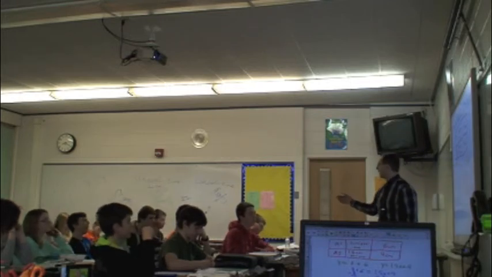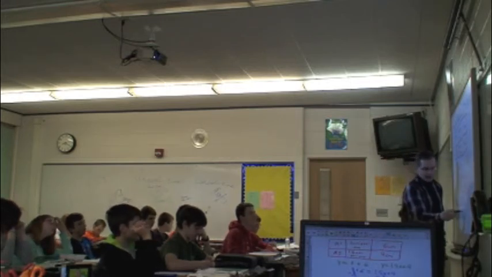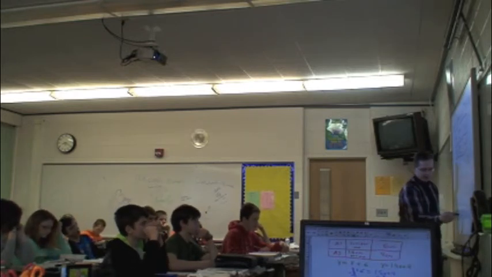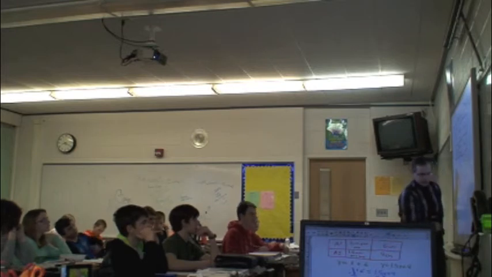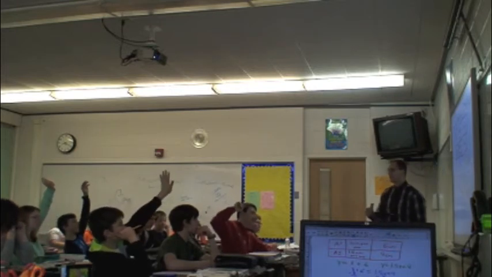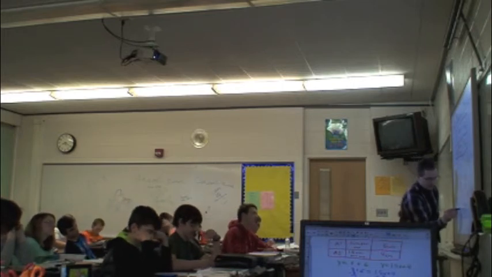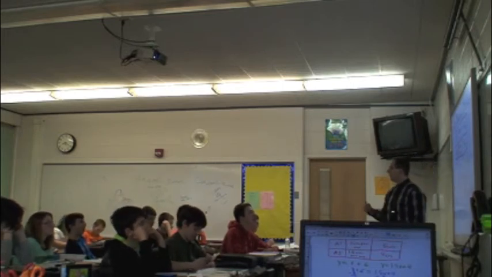To get x by itself, I should divide by 0.5 because those divided by each other just make 1. Who can tell me what 2 divided by 0.5 is? Noah? 4. x equals 4 because how many 0.5s go into 2?